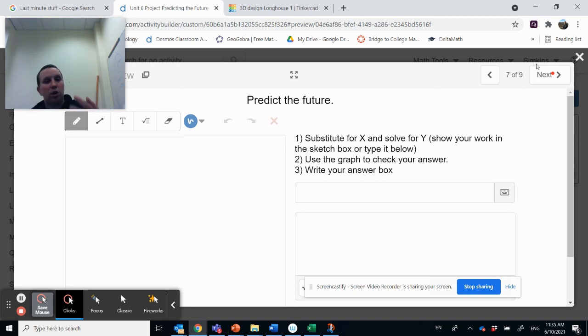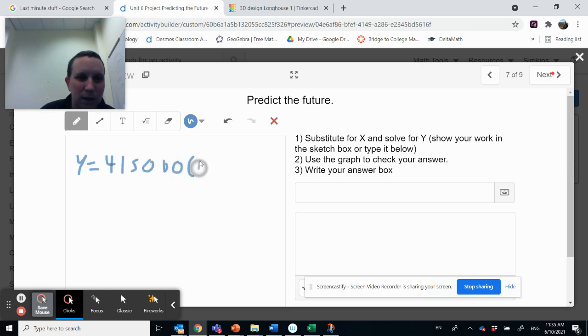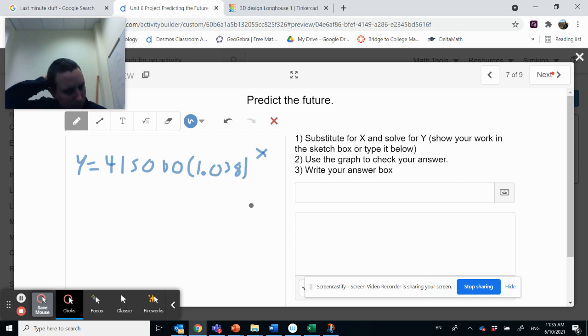So now I'm going to solve the same problem I just solved on the graph, but I'm going to solve it using the equation. And it's that original equation I wrote. Y equals 415,000 times 1.038 to the x power.